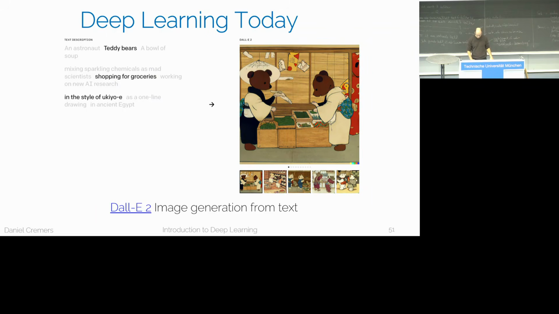And here in DALL-E 2 at the time you could choose, you know, teddy bears shopping for groceries in the style of ukiyo-e, and this is what you would get. An image that looks like it was drawn by an artist, but this was never drawn by an artist. This was entirely AI generated.